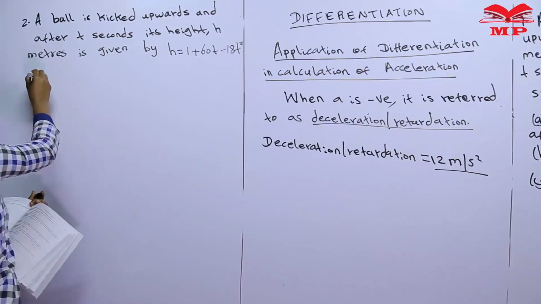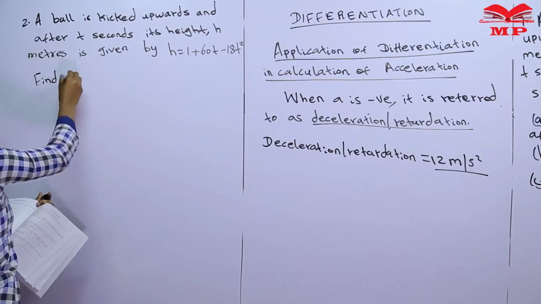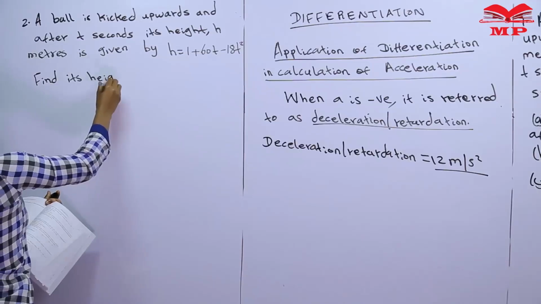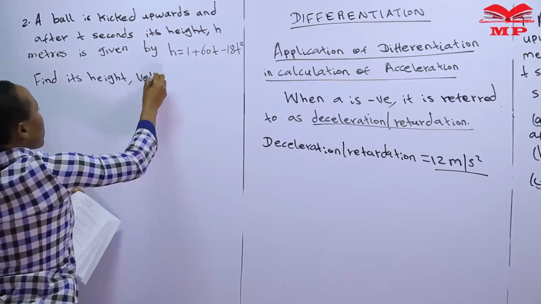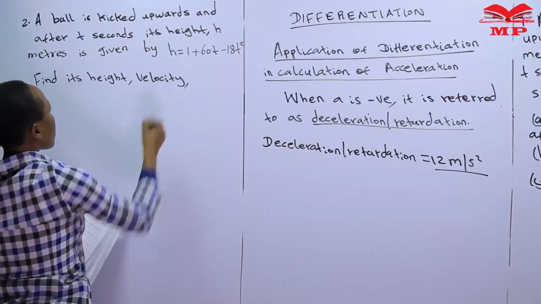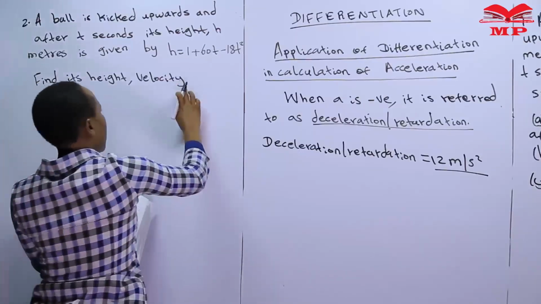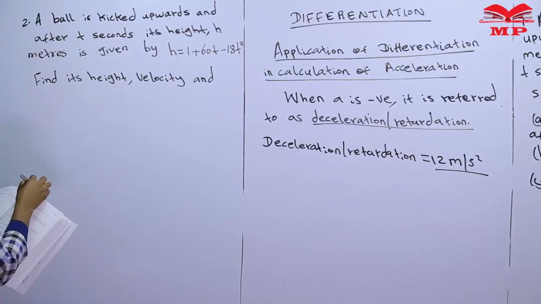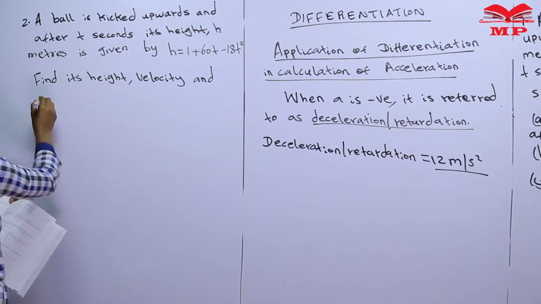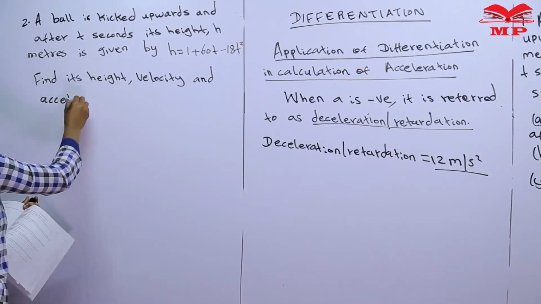So the question is find its height. You need to calculate its height, velocity, and acceleration. So you need to calculate the height, that's 1, then the velocity and acceleration.